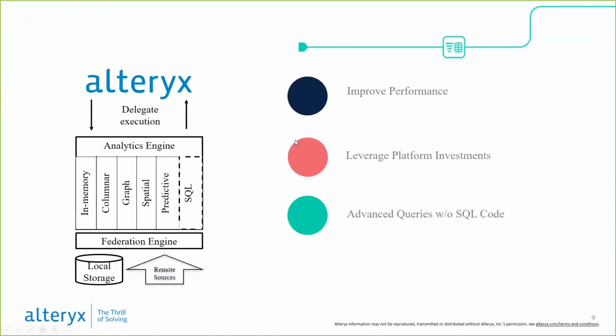If you have millions and millions of records that live inside your database, and they're never going to leave your database, you might just be doing a filter and creating a view or creating some other table or just doing some simple analysis, and that data never needs to leave that database. Why bring it into the memory of Alteryx and then bring it back to the database? Improving the performance means basically that you never have to move that data around. It can just be transformed where it lives.